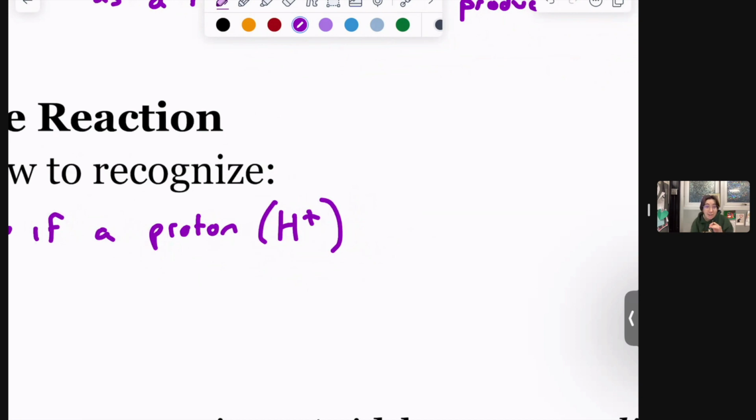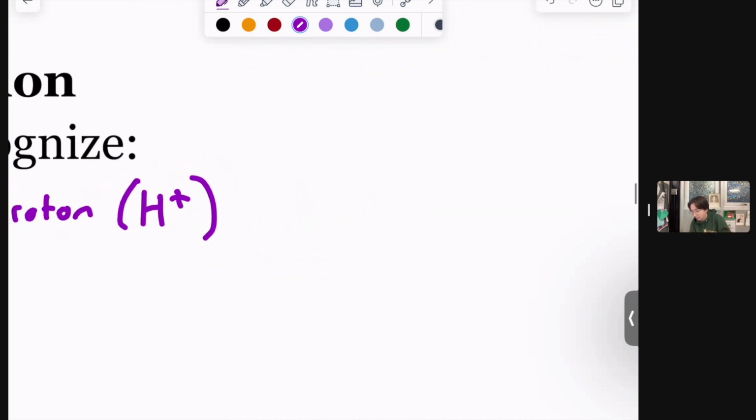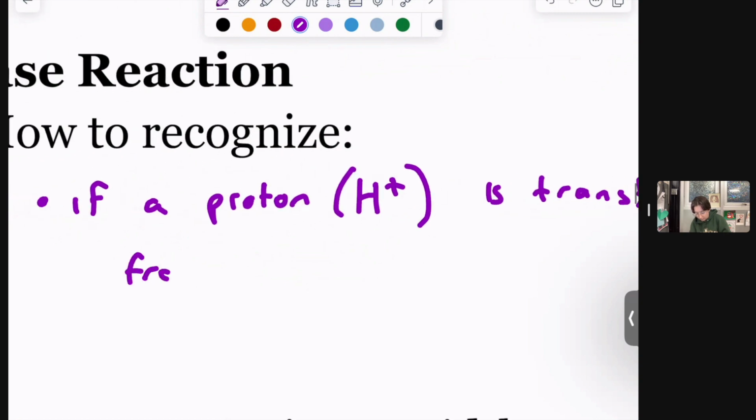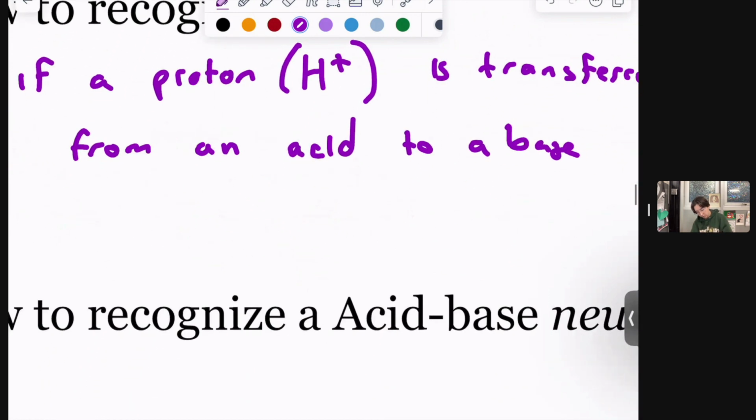So if you see an H move around, one thing as a reactant had an H, and one thing as a reactant didn't have an H, and then as products, that other thing now has that H. If the proton has been transferred from an acid to a base, and we'll learn about recognizing those in the future.